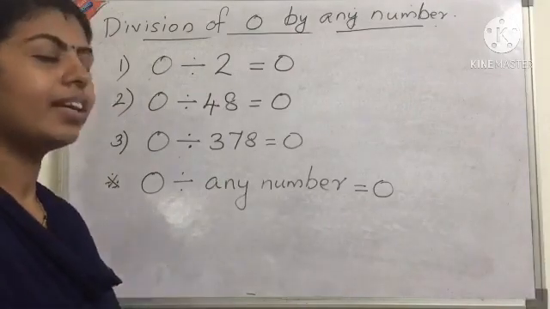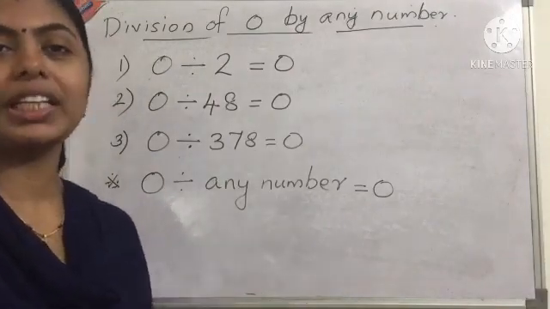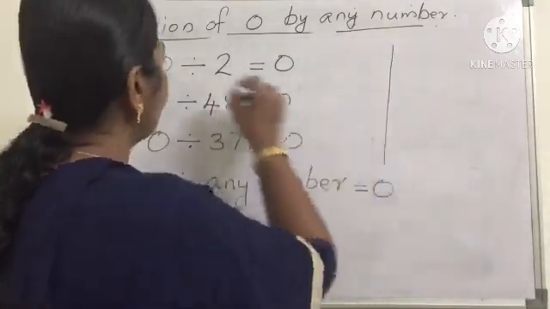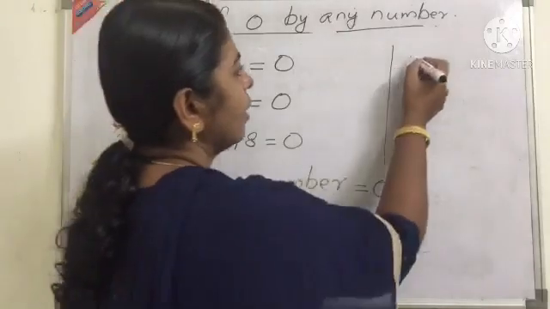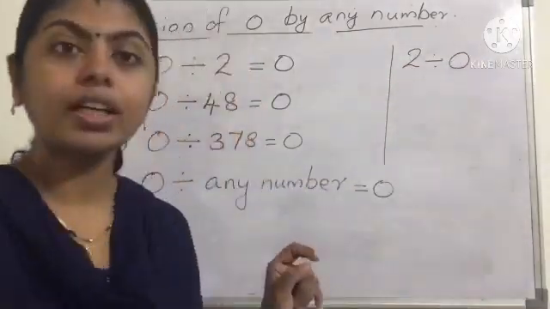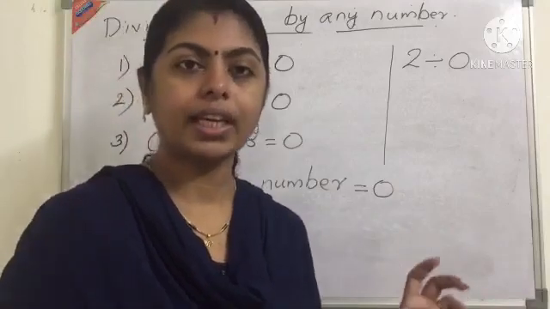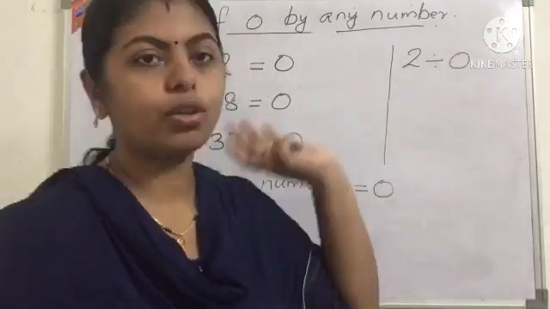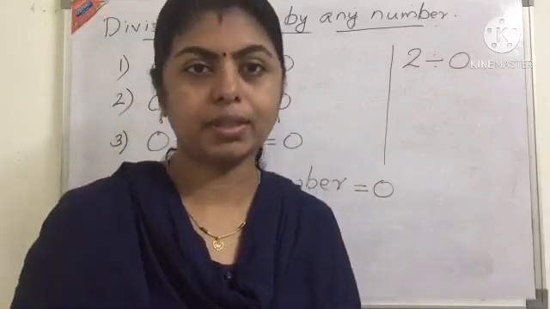Then here one important point is there. Here we wrote 0 divided by 2. Then 2 divided by 0. It is not defined. Now we can say that division with 0 is not possible.